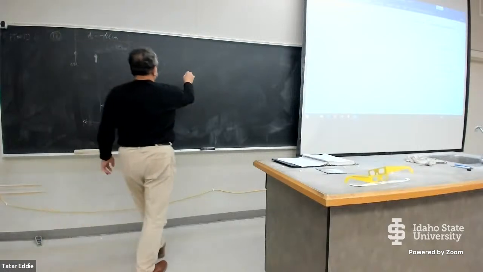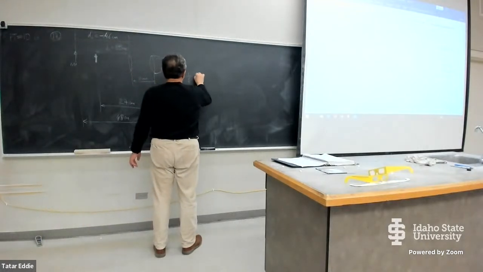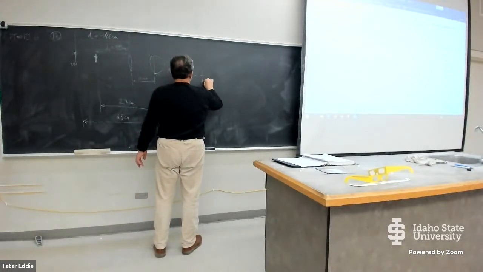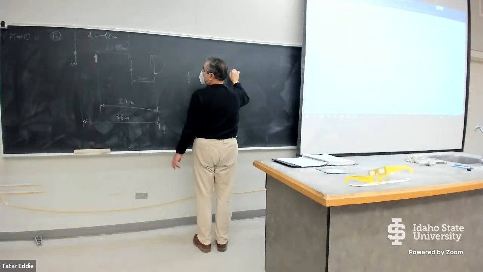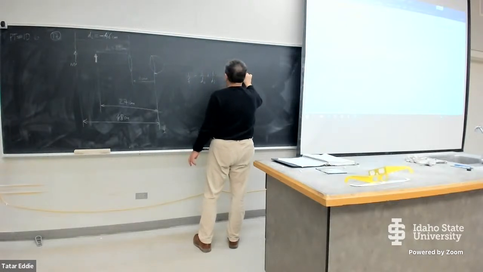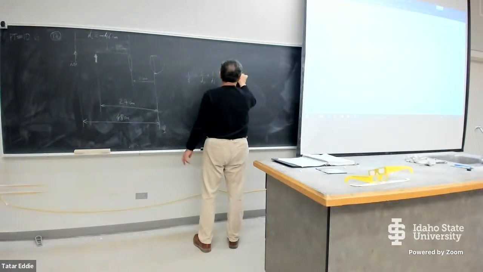And now you can determine the focal length. The inverse of the focal length is the inverse of DO plus the inverse of DI. In other words, the inverse of the focal length is 1 over 25 plus 1 divided, actually it is going to become minus 1 divided by 46.